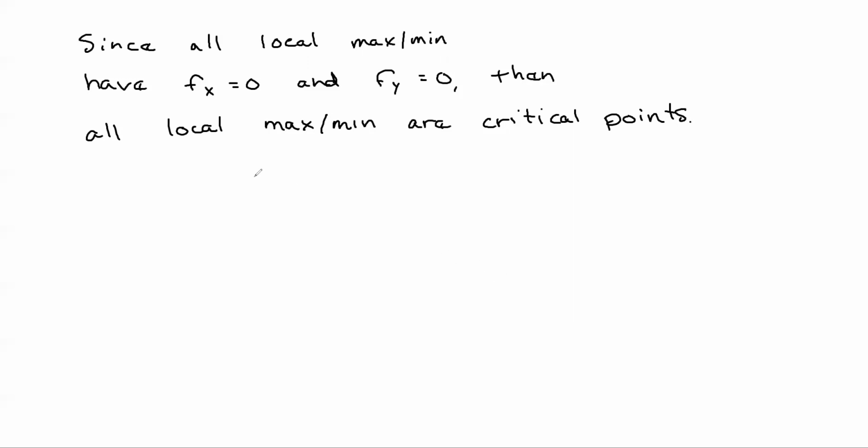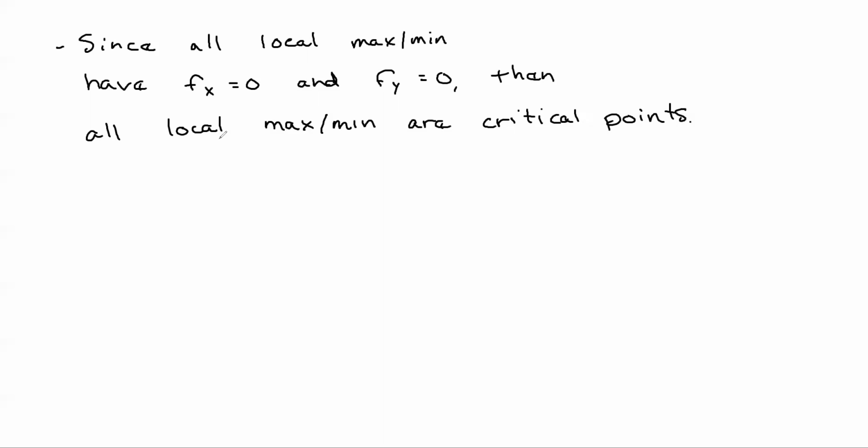Okay, so the issue that comes up here logically is that people want to redirect the logic the opposite way. You can't do that. It's important to understand what this statement says. If we have a local max/min, then we have a critical point. It does not say if we have a critical point, then we have a local max/min.